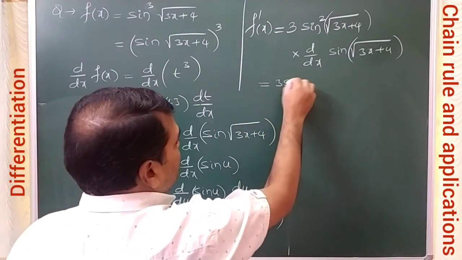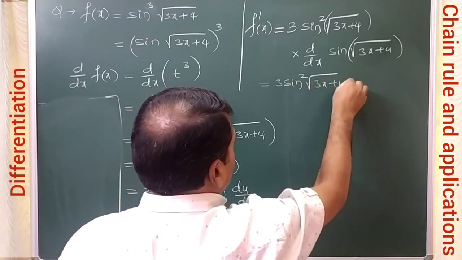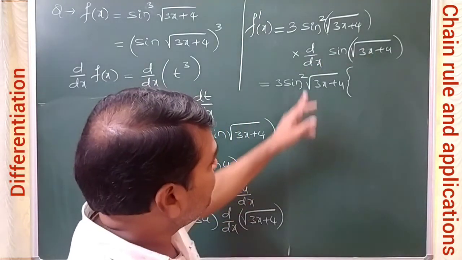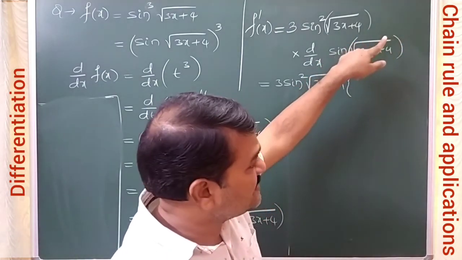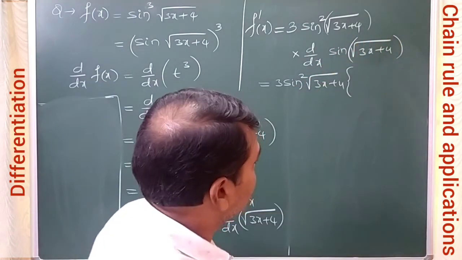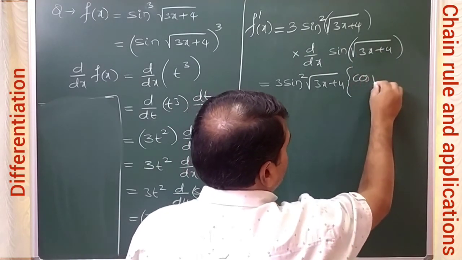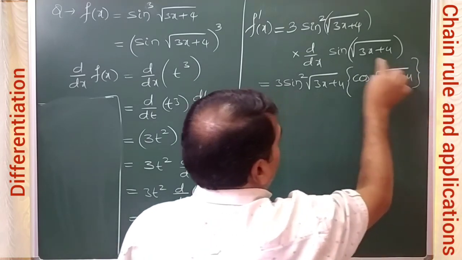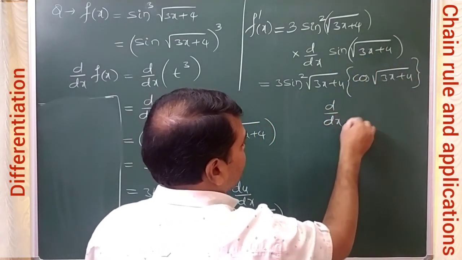Now 3 sine square under root 3x plus 4 into the derivative of this. This is sin x model, but in place of x you have something else. So write the derivative of the sine function first, and after that, in place of x what you have, write the derivative of that.